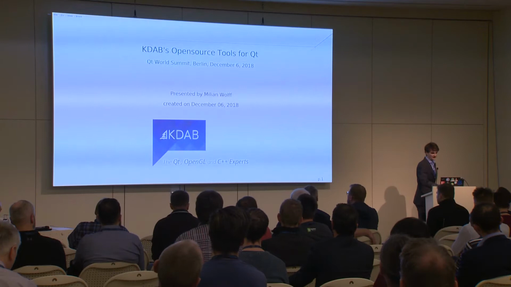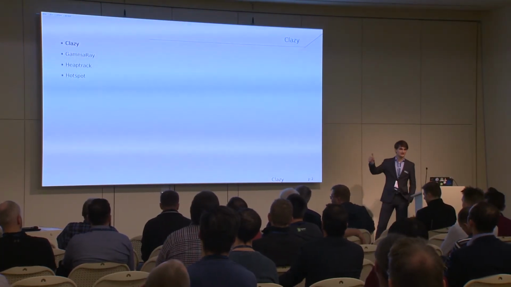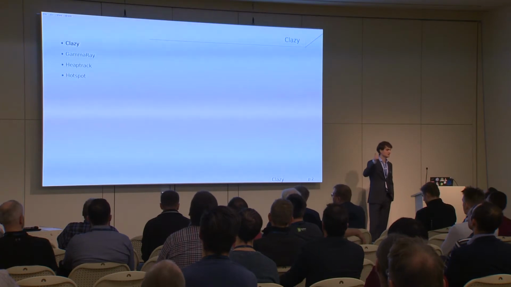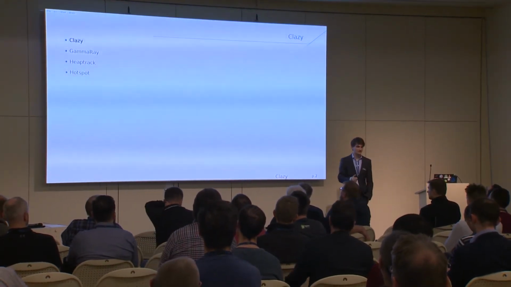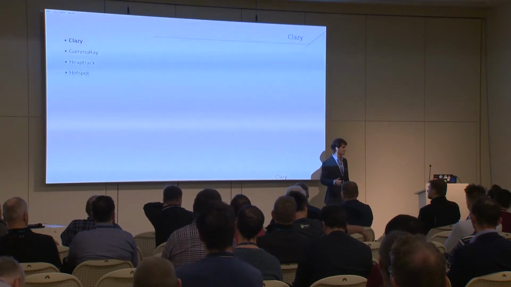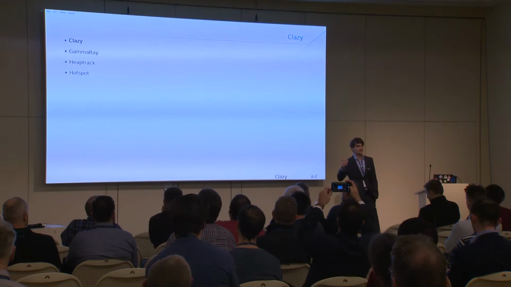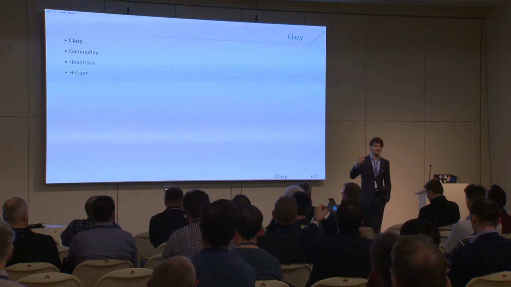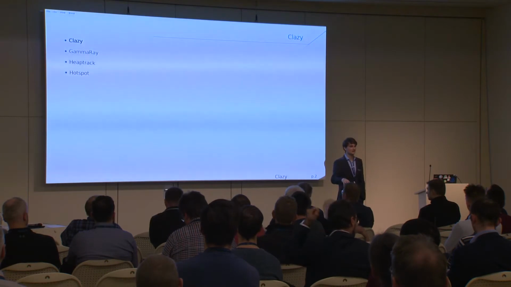So let's dive right in. What we are going to talk about is 4 tools. Clazy, a static code analysis tool specifically meant for Qt, but also now some special checks generic for C++. GammaRay, a high-level debugger and introspection tool for Qt applications at runtime.